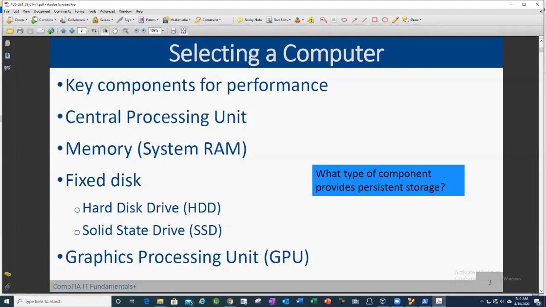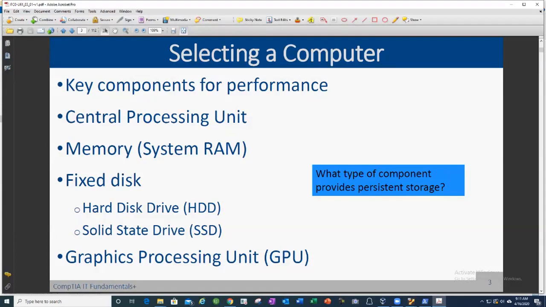The other component that is really good for performance is the graphics processing unit, or the GPU. It's basically the graphics card, especially if you're going to be working with programs that require intensive graphics, like gaming, or anything that has to do with graphics and design and games and that kind of stuff.